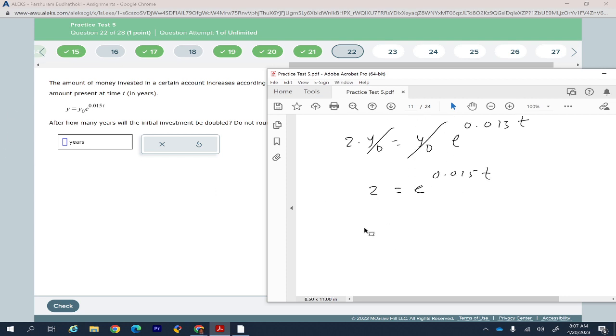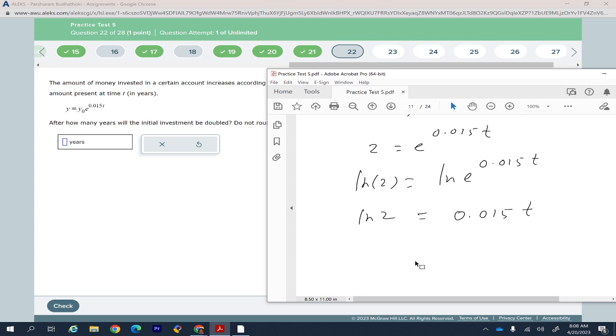And if you take ln both sides, ln2 equal ln e^0.015t. Because ln and e are inverse of each other, it gives you 0.015t. And for finding the value of t, just divide both sides by 0.015. And that's going to be your time, ln2 over 0.015.